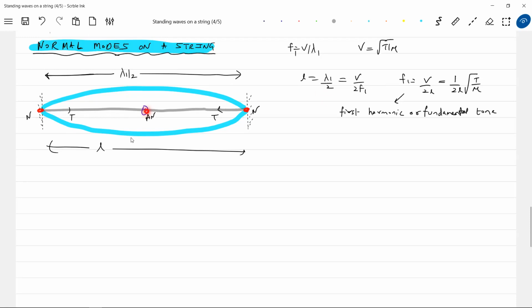Now instead of the student plucking this wire at the midpoint, if I pluck it at 1/4 of the length, see, there's a rule on the guitar that you should strike there only, but you can strike wherever you want. Let the student strike at the midpoint, or at 1/4 of the distance. Then where you pull this and release, that should be an anti-node. Then we'll see what we get.